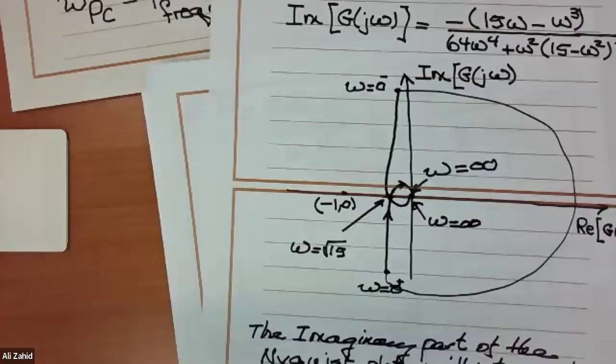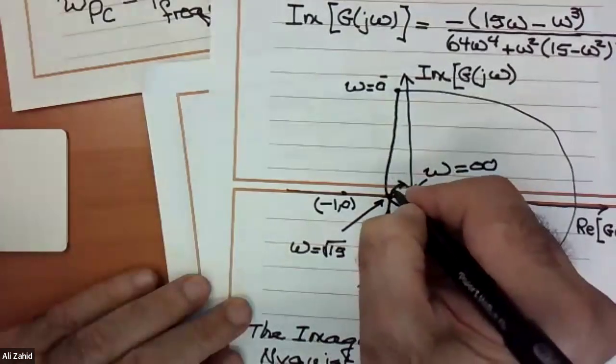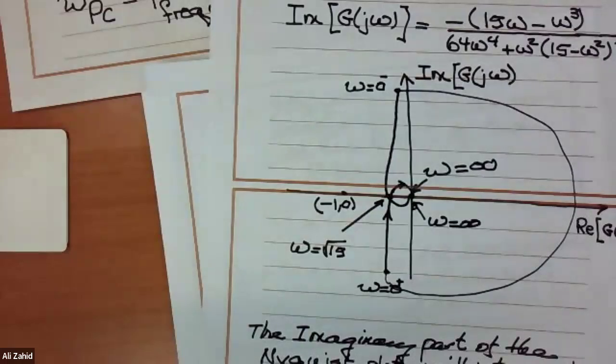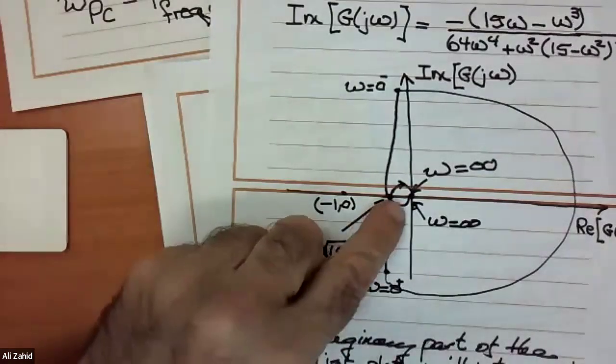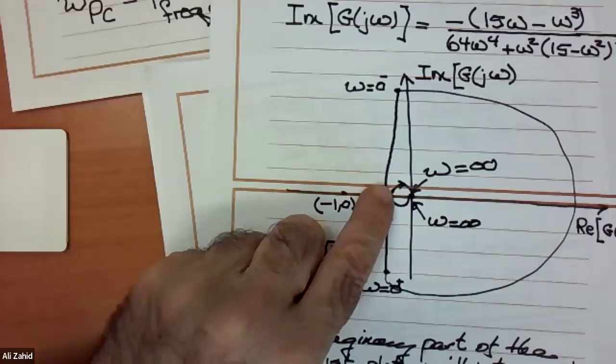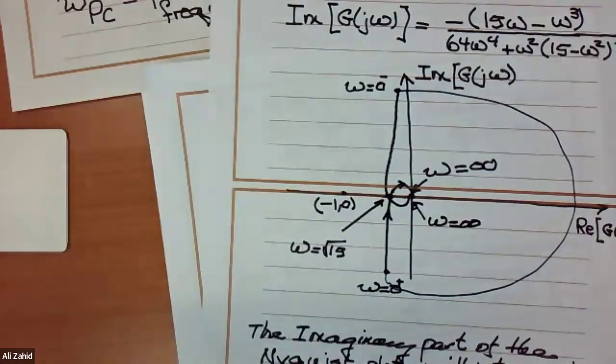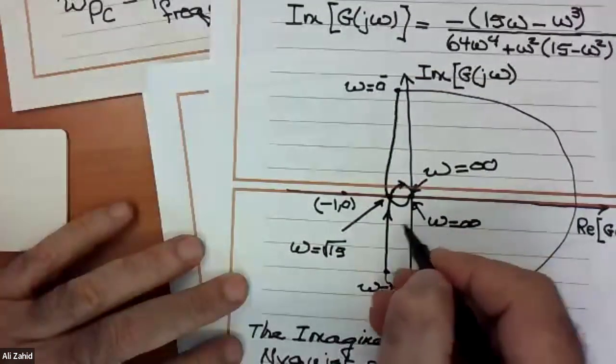Are you following me or not? Can you show me this point where omega equals 5? Where is it? Here, in the top half. What is the magnitude? You sketch from the origin to that point, that is the magnitude. What is the phase? Remember, the phase is measured from here.